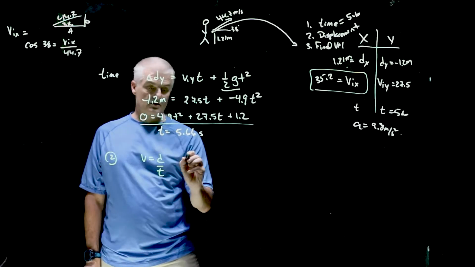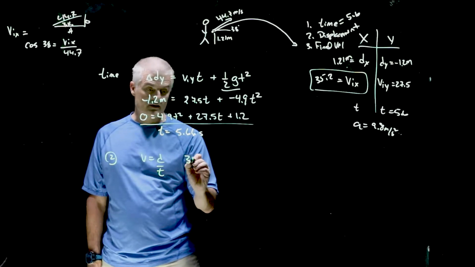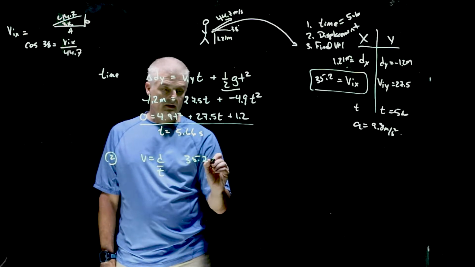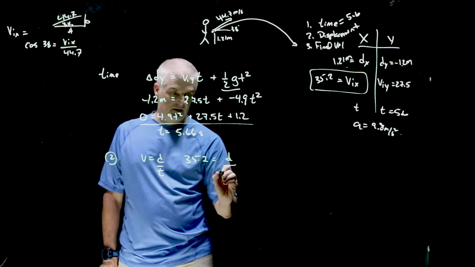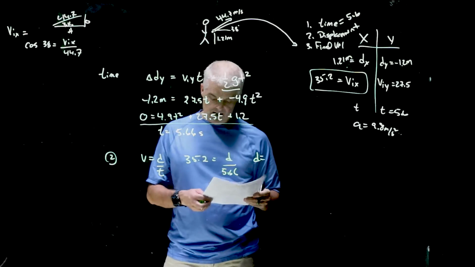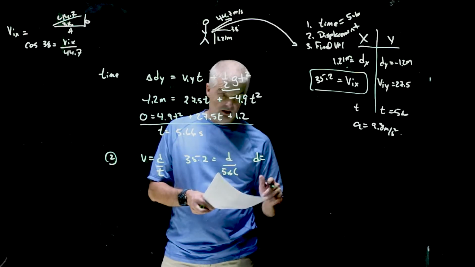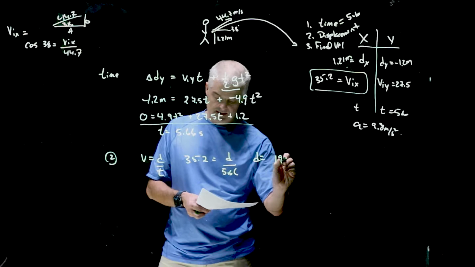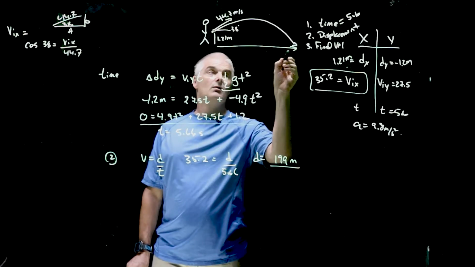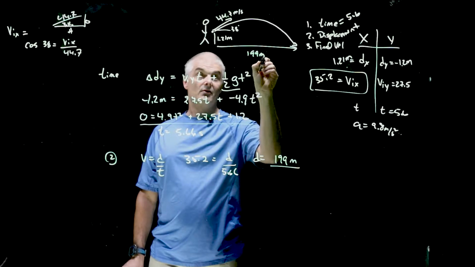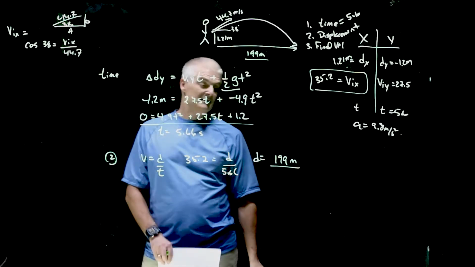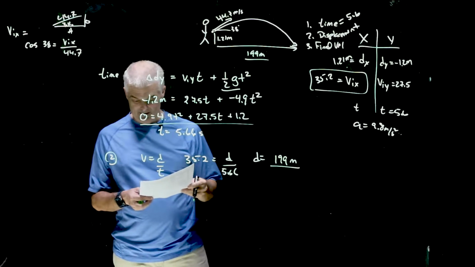The velocity is 35.2 in the x direction, because that's how far he goes. 35.2 is equal to d over 5.66. You rearrange, you solve for d, and d comes out to be 199 meters. So he's going to hit this ball 199 meters. That's far, by the way. That's like 600 feet. I don't know that you can do that. That would be like the best baseball player in the world.